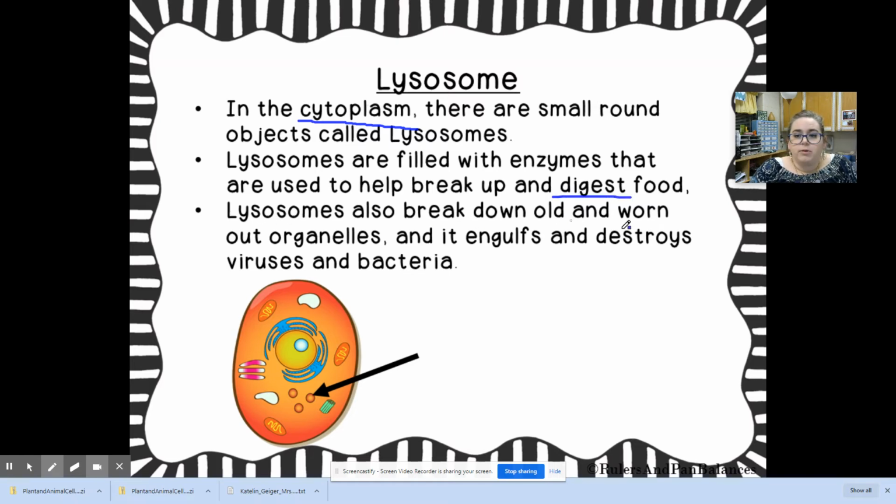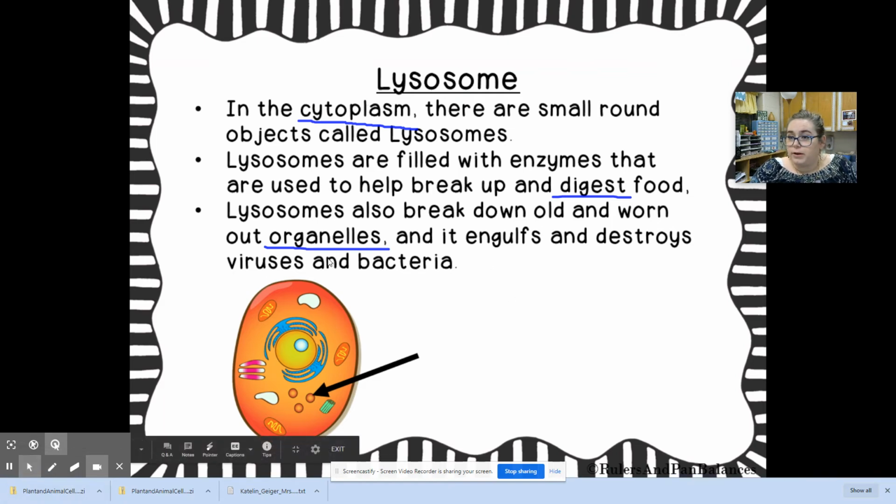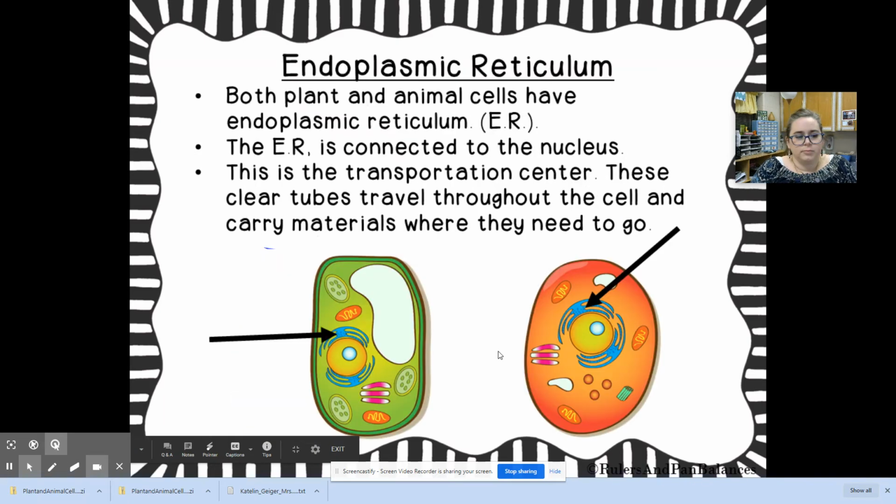Lysosomes also break down old and worn out organelles, and it engulfs and destroys viruses and bacteria. So it's trying to keep you healthy. When a bad bacteria gets through that cell membrane, the lysosome is like, no, you're not welcome here. Sometimes it works, sometimes it doesn't.